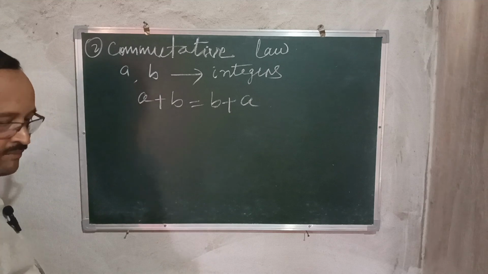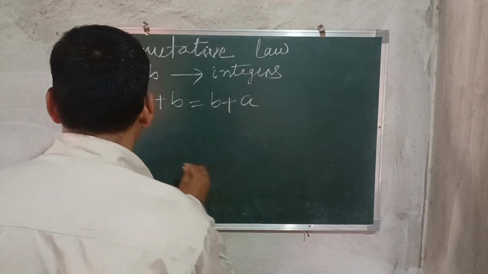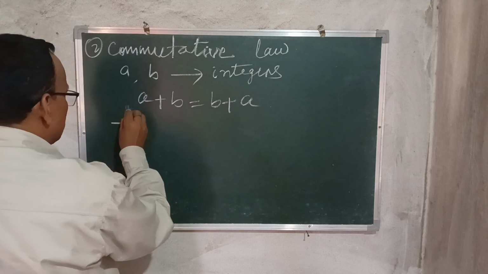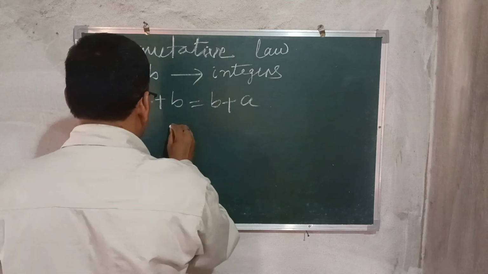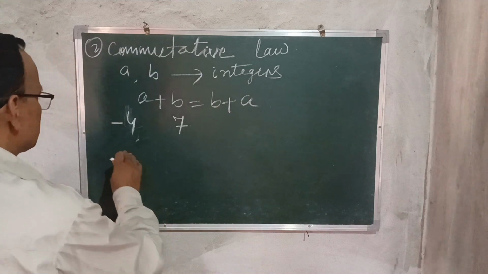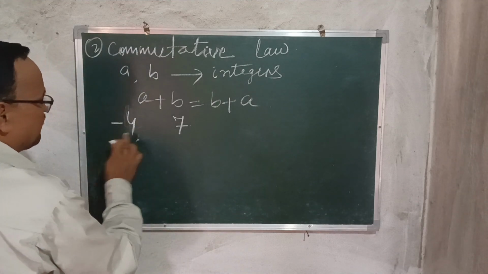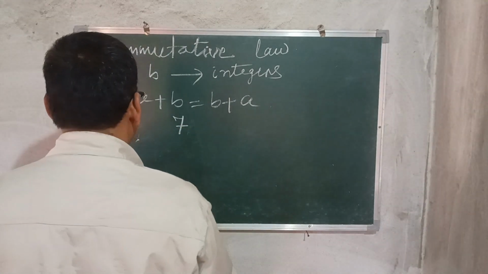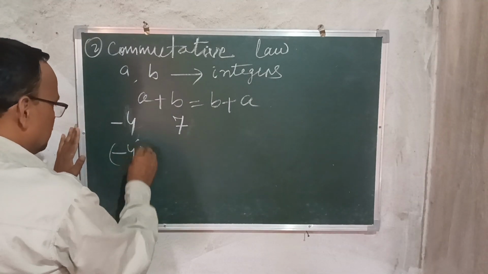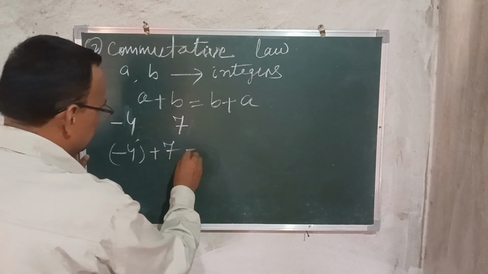Now let us take an example. Suppose minus 4 and 7, two integers here. A is minus 4 and B is 7. Then left hand side, A plus B, minus 4 plus 7, what will that be?